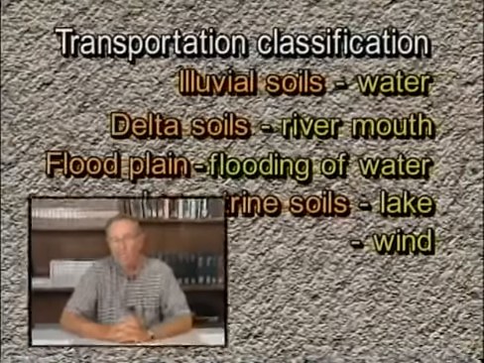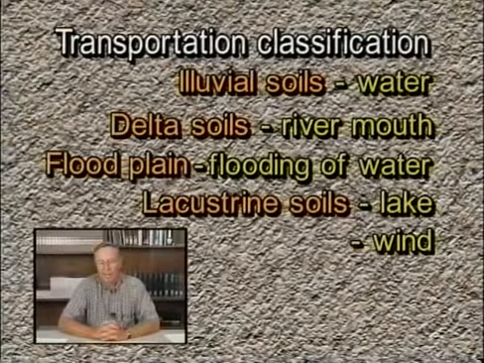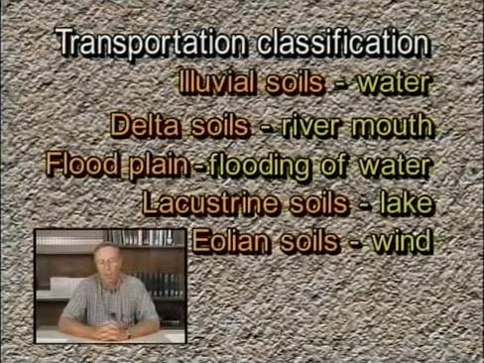Well, these soils are silt loam in origin, and as they are transported and settled out, they settle out in very thick layers. So a wind-transported soil is referred to as an aeolian type of material. And aeolian is spelled E-O-L-I-A-N. Now, there are two types of these wind-transported soils.